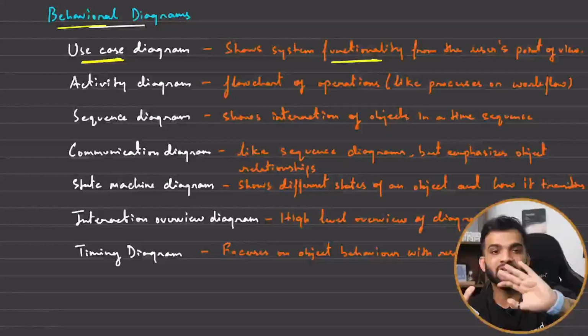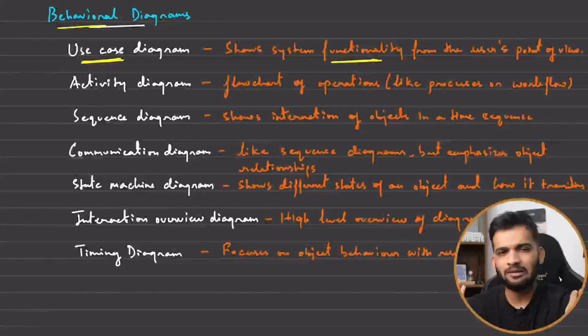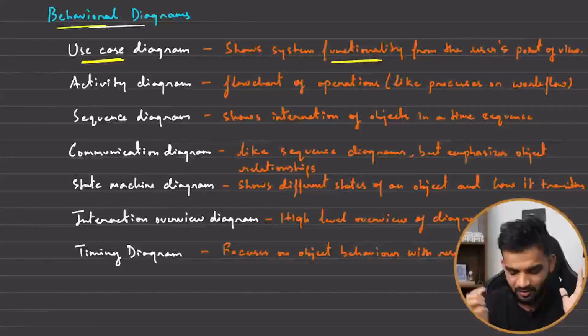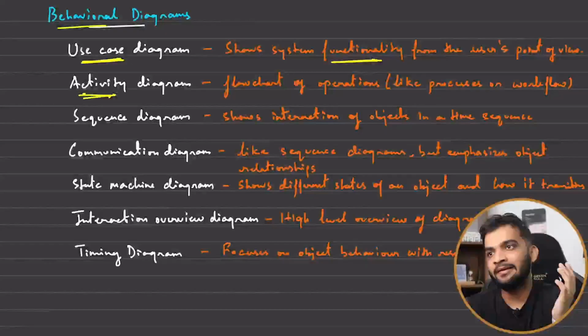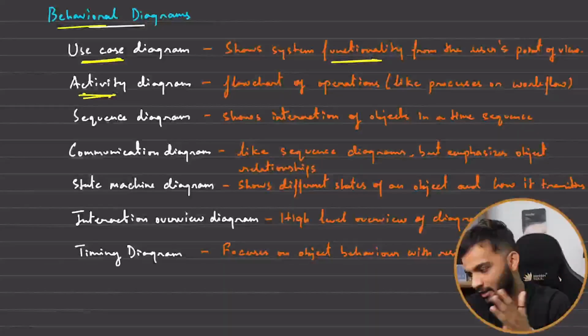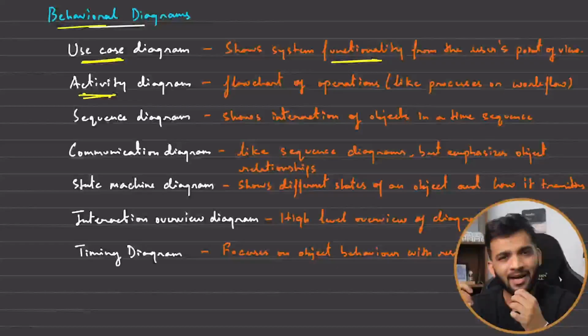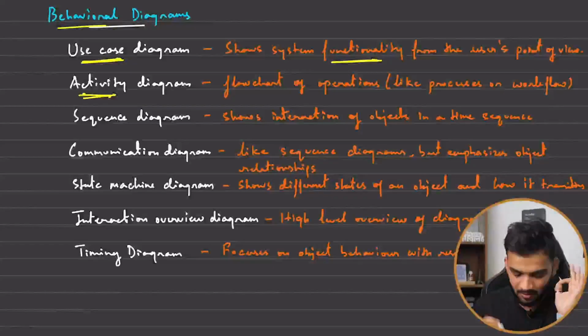We're going to define it in the use case diagram. At the level of LLD, is it required? No. Good to know. Again, activity diagram: flowchart of operations, like from where the call is getting originated till where the call is going, how it is responding back, everything else in the activity diagram.